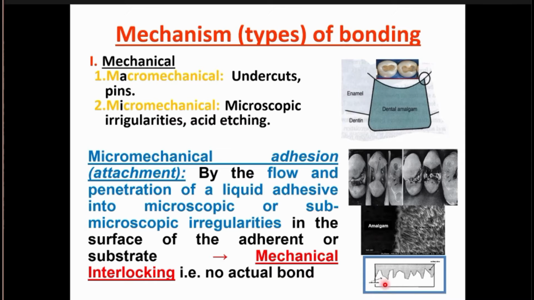If you see this image microscopically, the filling material and the tooth material, they interlock with each other and make a bonding. So this is what we see in case of micromechanical adhesion. And we use this technique, micromechanical adhesion, commonly with our resin composite materials. So I will have further details about this in next slides.